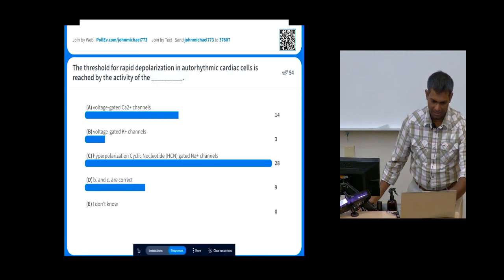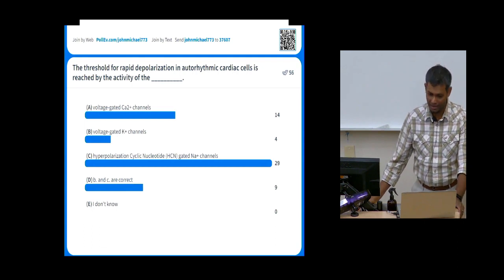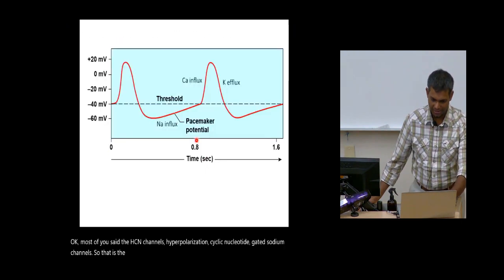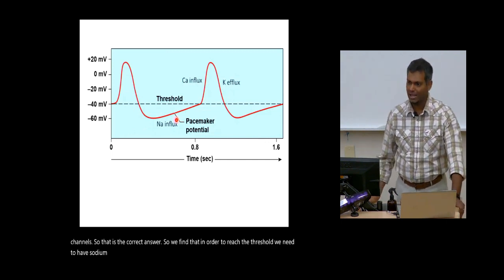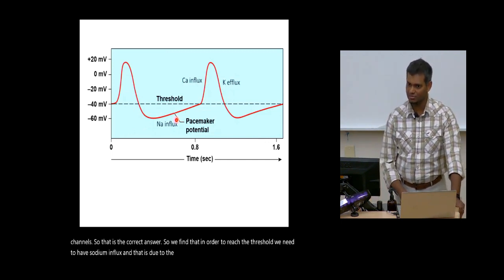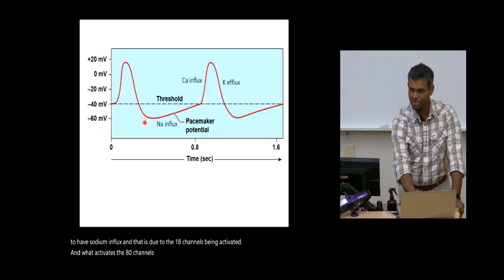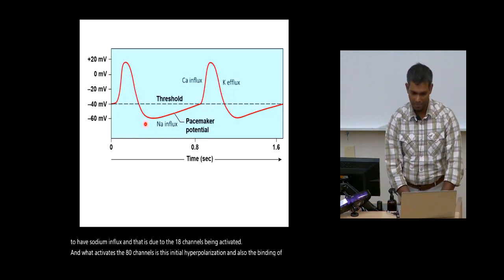Okay, most of you said the HCN channels, hyperpolarization-activated cyclic nucleotide-gated sodium channels. So that is the correct answer. In order to reach the threshold, you need to have sodium influx, and that is due to the HCN channels being activated. And what activates the HCN channels is this initial hyperpolarization and also the binding of cyclic AMP.